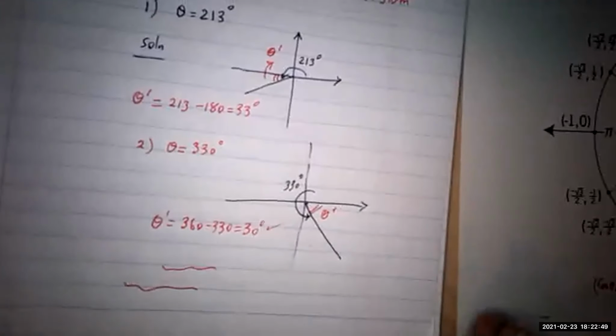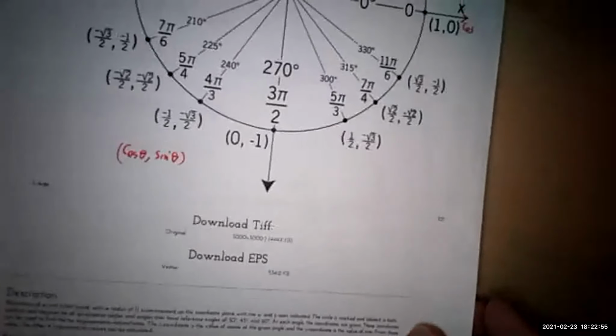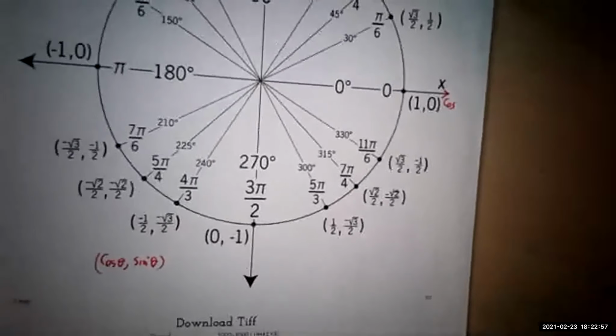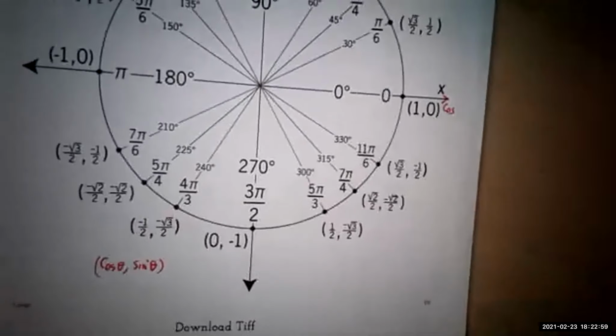As I told you, the advantage of the reference angle is that you are going to use it here. Quickly, you can find the sine and the cosine by looking at that leftover that you're going to have, depending on which quadrant you are in. So that gives you the result.